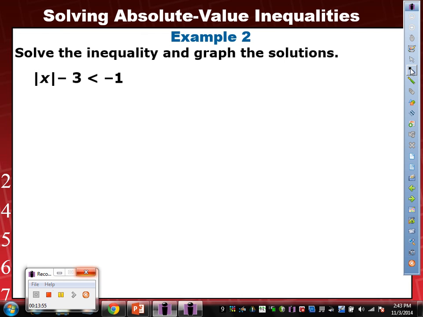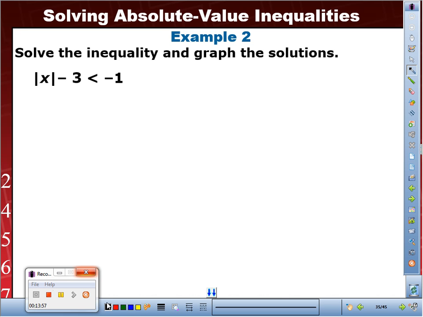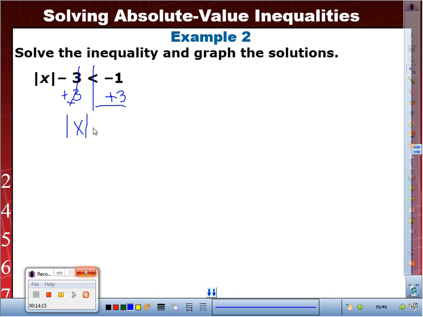Let's do this one together. Line down the inequality symbol. Is the absolute value by itself? No. What's next to it? So that to cancel that, we add 3, add 3. Absolute value of x less than 2.